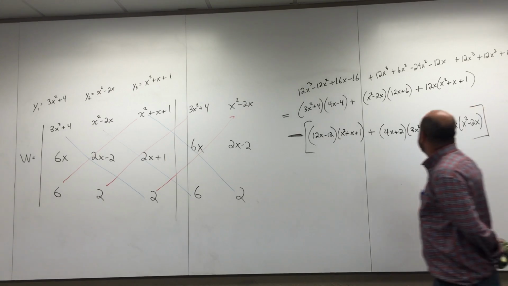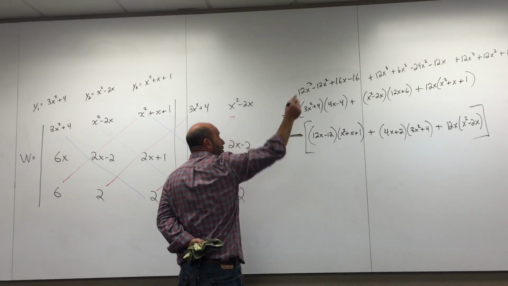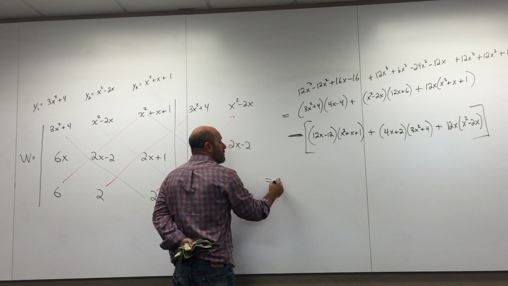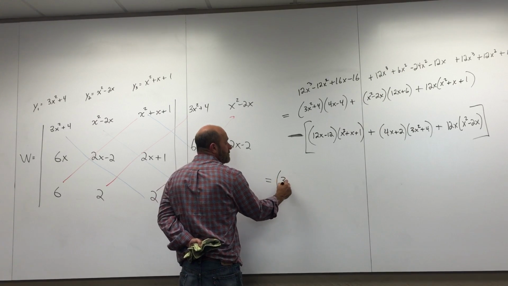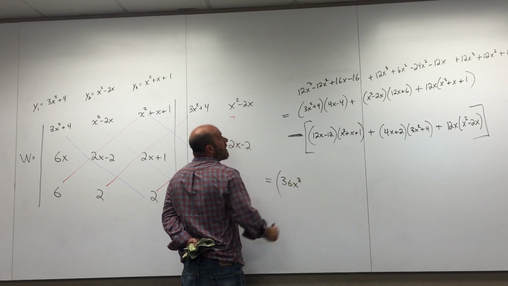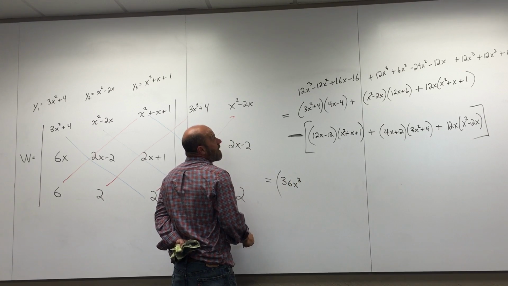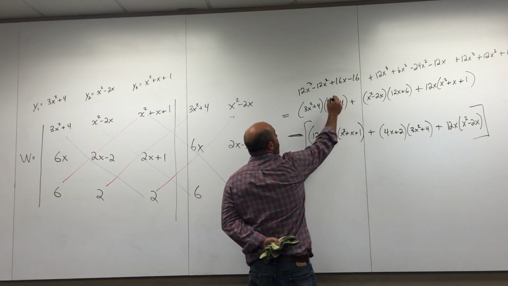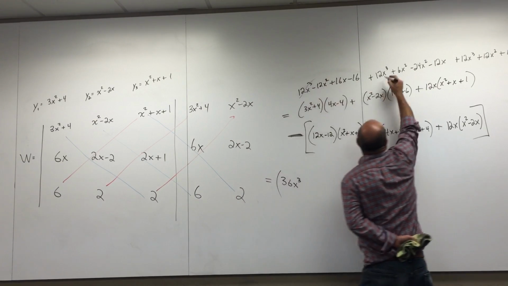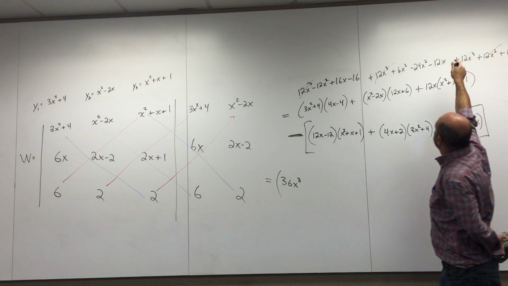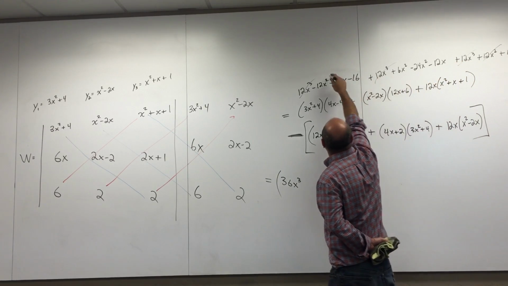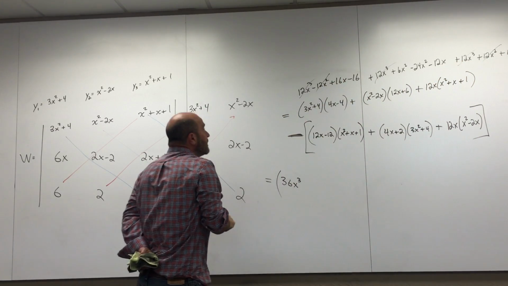Hey, help me out. What is that? It's just that top. Now I want that top cleaned up, if you don't mind. That's a 36x cubed. Positive 12x squared cancels with this 12x squared.